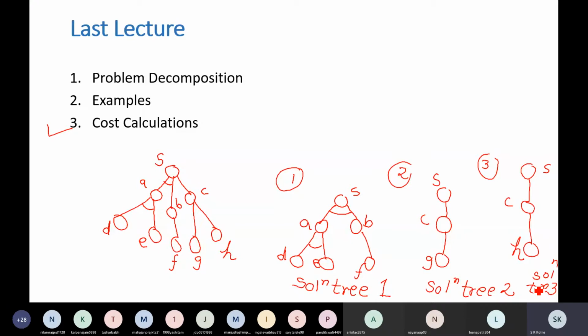Now this is how we have seen that multiple solution trees are possible in the AND OR graph of search space. Now since this is the case, your cost calculation mechanism will change.